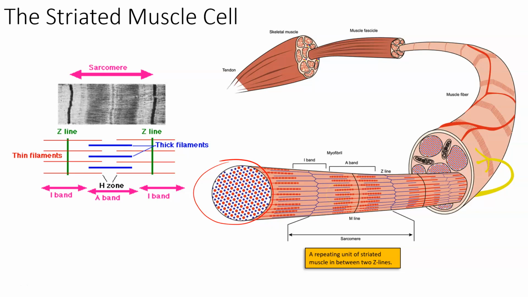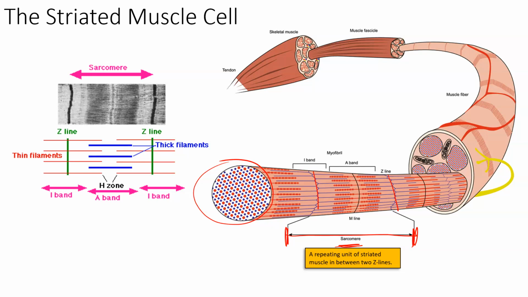You'll also see a Z-line, and another Z-line here. Z-line to Z-line makes up one functional unit of the muscle cell, which we call a sarcomere. Sarcomeres are the repeated structural unit of muscle cells, and they basically travel from Z-band to Z-band.